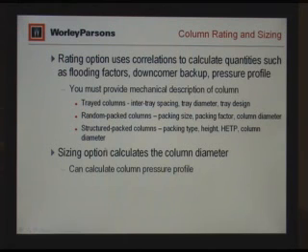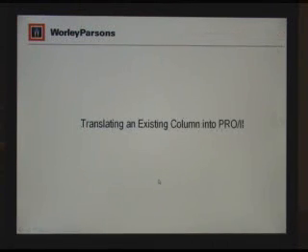If you have structured packing, what type do you have? The height equivalent theoretical plate, column diameter. Okay, and then the sizing option will calculate the column diameter for you. And it'll give you a pressure profile. Any questions?